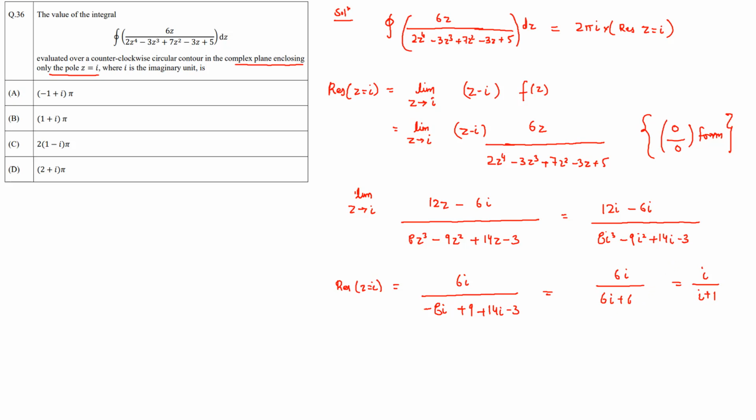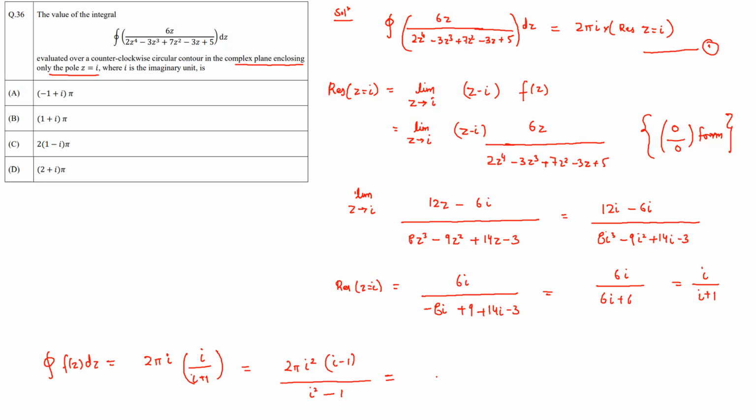Now we can substitute this in expression 1 and say that our whole contour integral of f of z dz will simply be 2 pi i times i over i plus 1. Now we can rationalize this expression and say that this will be equal to 2 pi i square times i minus 1 over i square minus 1.